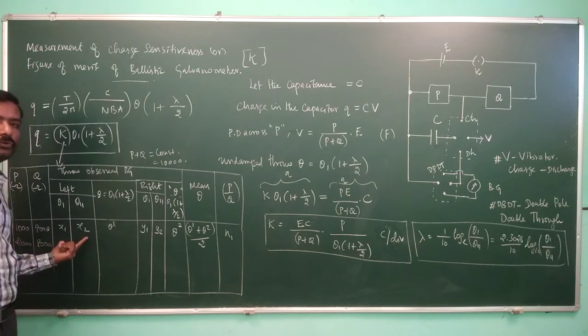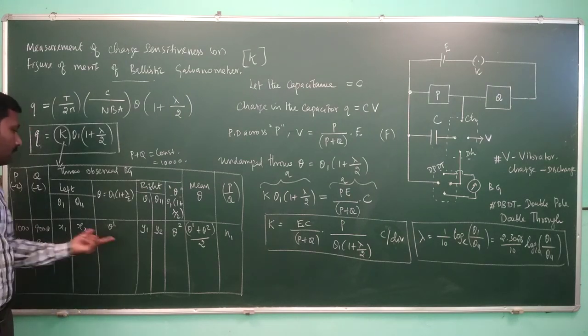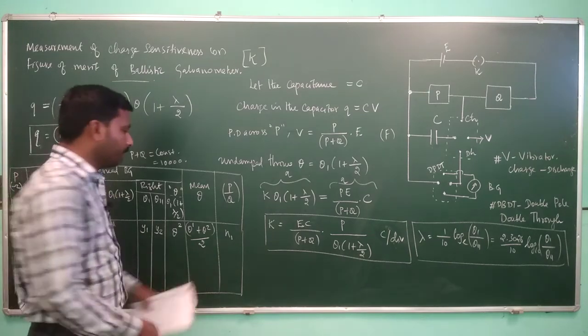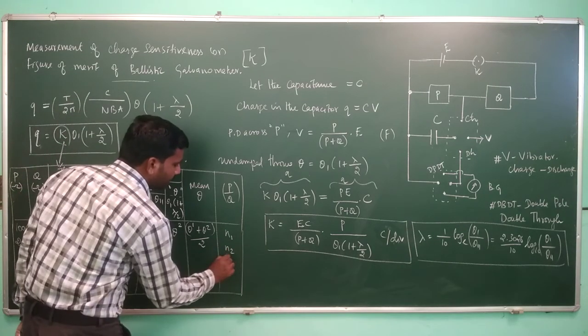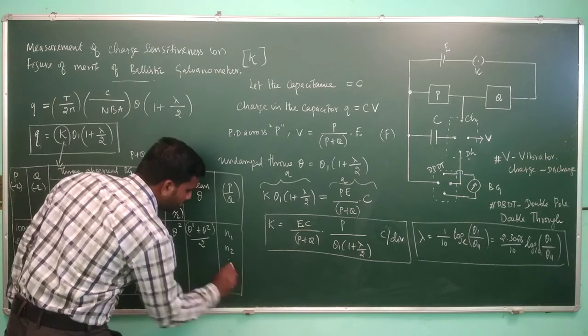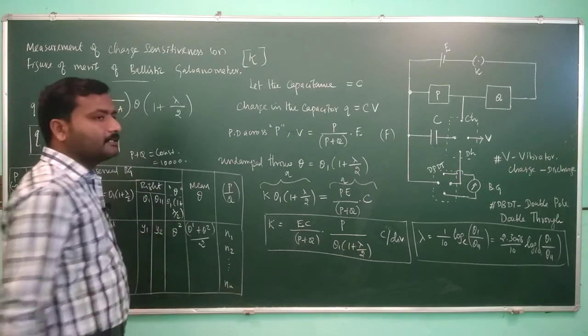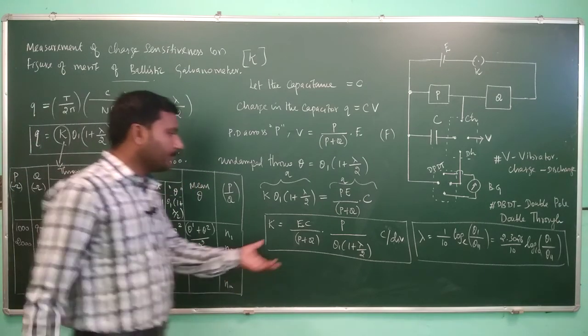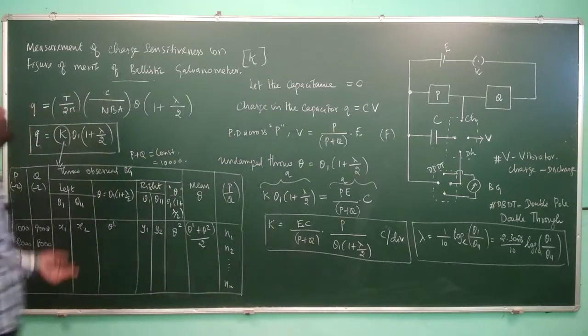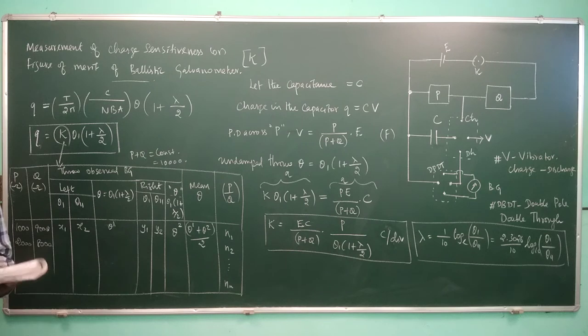You find the left first throw and 11th throw, and the right side first throw and 11th throw, and you do the calculations, you will end up with N2. In that way you will get N readings for P by Q. Right? Now you will get this tabulation. You apply the required parameters in the equation, then you will be able to calculate the figure of merit of the ballistic galvanometer.